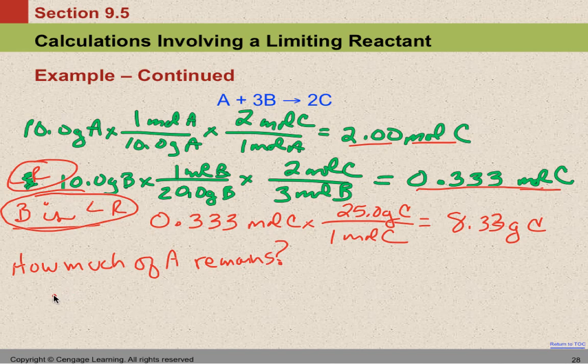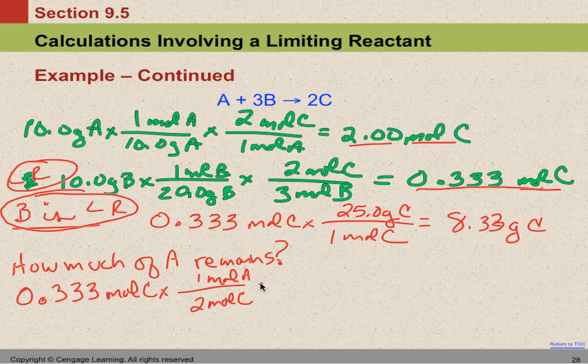Well, I know that in this reaction I'm going to make 0.33 moles of C. For every 2 moles of C, I had to use up 1 mole of A. For every 1 mole of A, I have 10.0 grams. So this is going to be grams of A reacted.